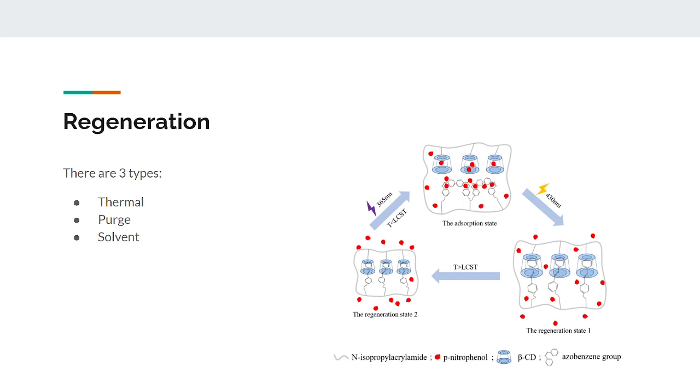And lastly, for this video, I wanted to touch on regeneration. Regeneration in adsorption refers to the process of restoring the adsorbent material, kind of like what I mentioned earlier with the silica and the activated carbon, to its original or reusable state after it's been used to adsorb substances.